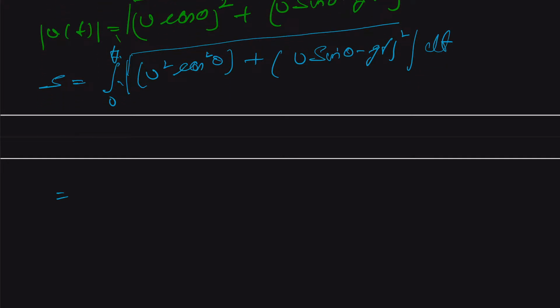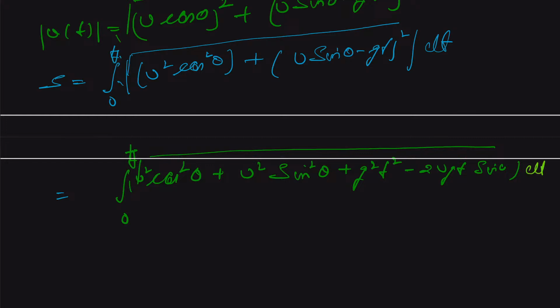We can take v outside as a factor, so this comes as v times the integral from 0 to tf of the square root of cos square theta plus, let me keep this v square inside, later on we can solve it, so this is v square sine square theta plus g square t square minus twice v g t sine theta, and this whole will be under the square root, dt.